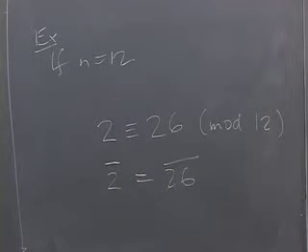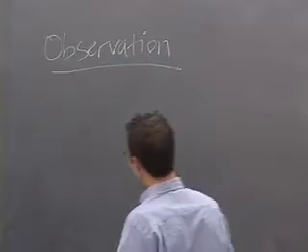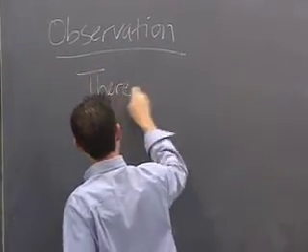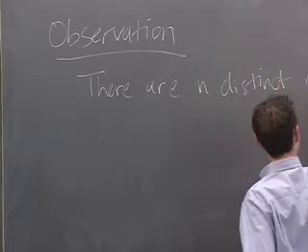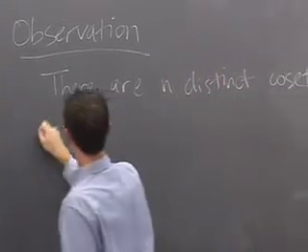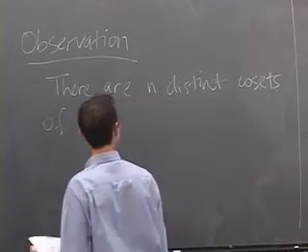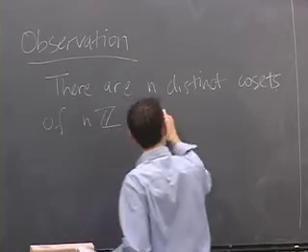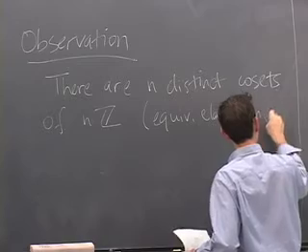Now, here's an observation. We can very explicitly write down all of the cosets. There are n distinct cosets of nZ, or put another way, equivalence classes modulo n.